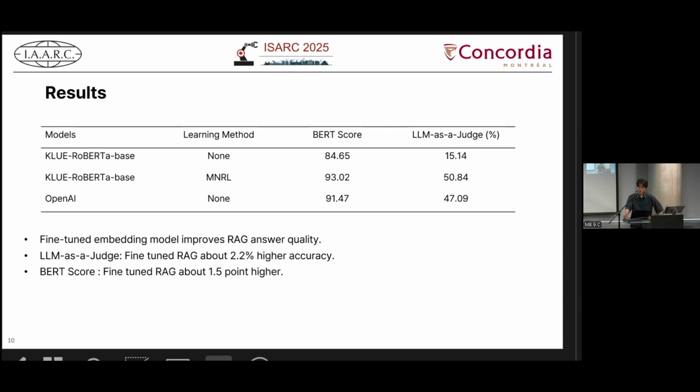Our fine-tuned model achieved higher accuracy than the OpenAI commercial model. And BERTScore was used as an evaluation metric for answer quality. It compares the generated answer with the ground truth answer using a BERT-based evaluation model.